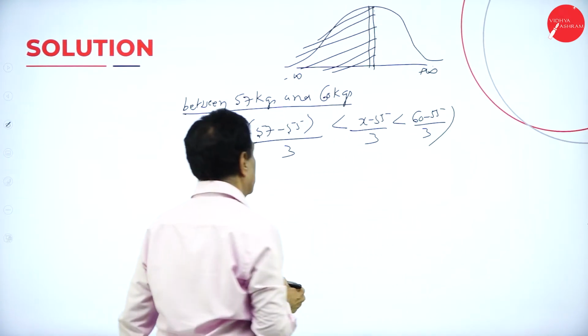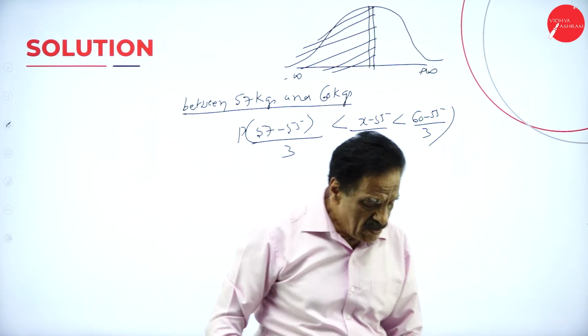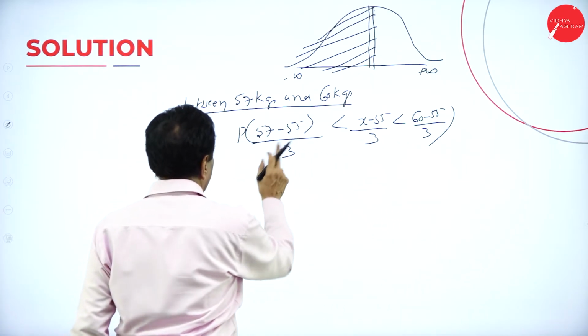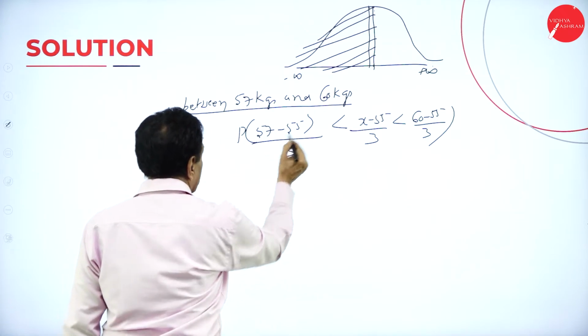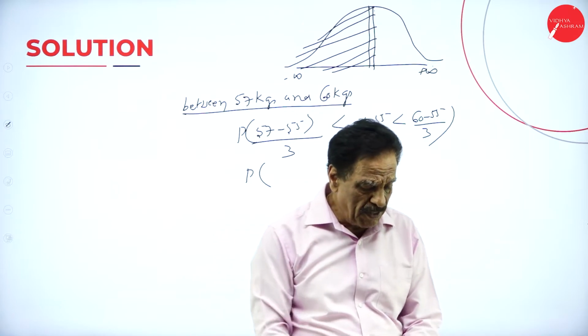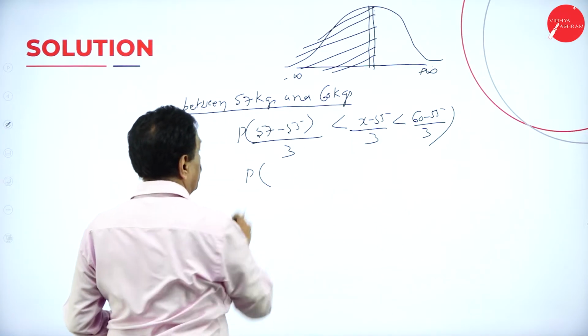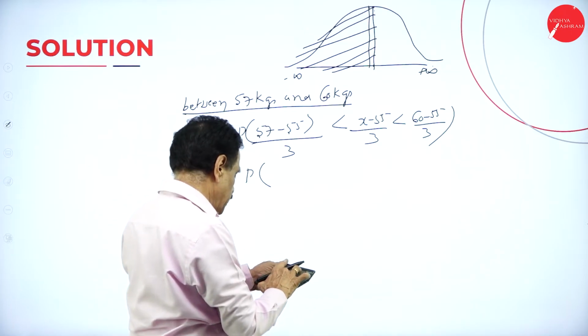This is the way you have to write. Here, 57 minus 55 is 2, 2 divided by 3.